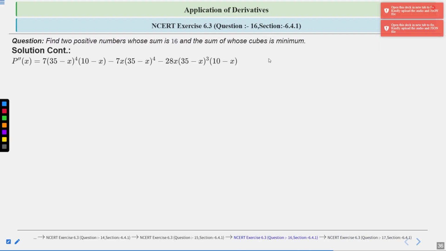Hence, we can say that p double dash x will be equal to 7 times (35 minus x) to the power 4 into (10 minus x) minus 7x into (35 minus x) to the power 4 minus 28x into (35 minus x) whole cube into (10 minus x).